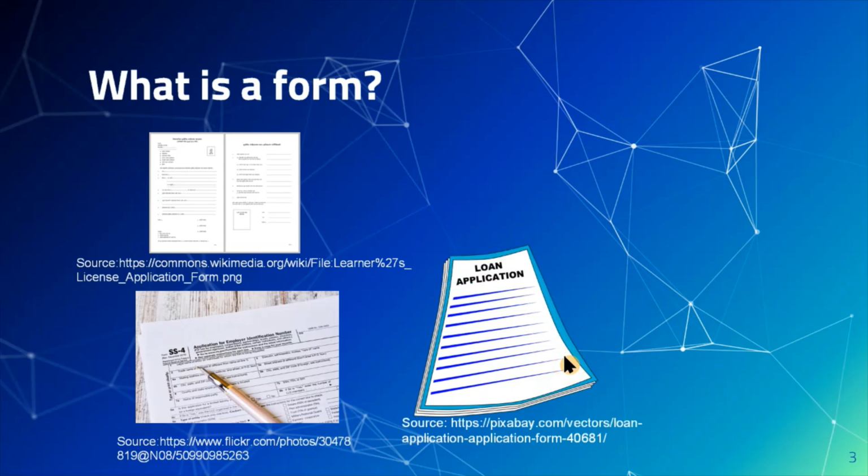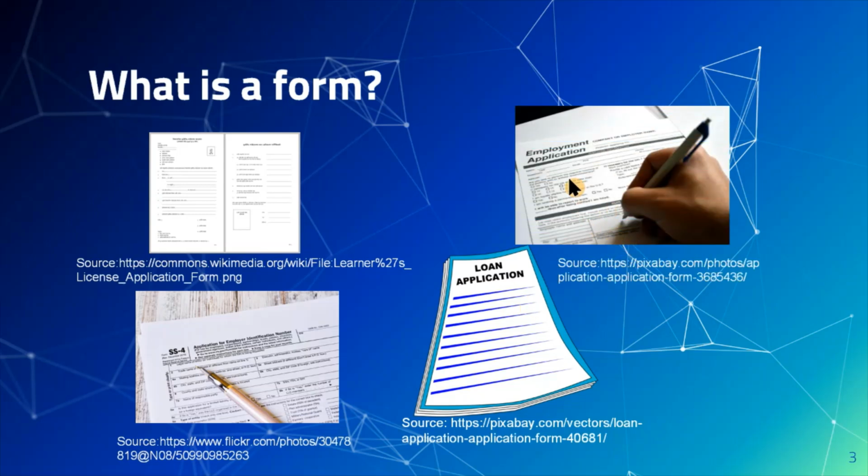You might have filled several bank forms, like a form to open an account, and then for crediting the amount and so on. And if you want to go for unemployment, you need to fill a form, right? So all these are offline forms. Offline form means we are filling these forms with the help of a paper and a pen.